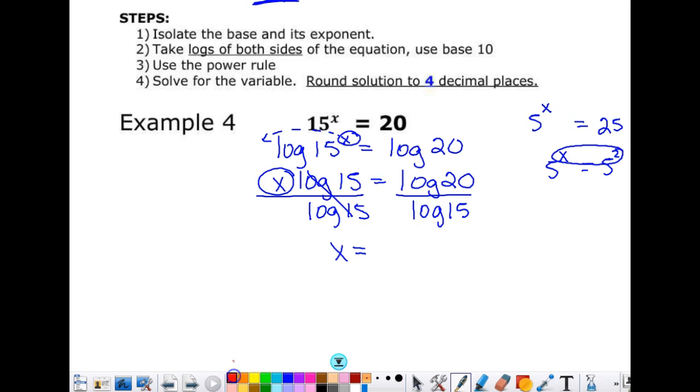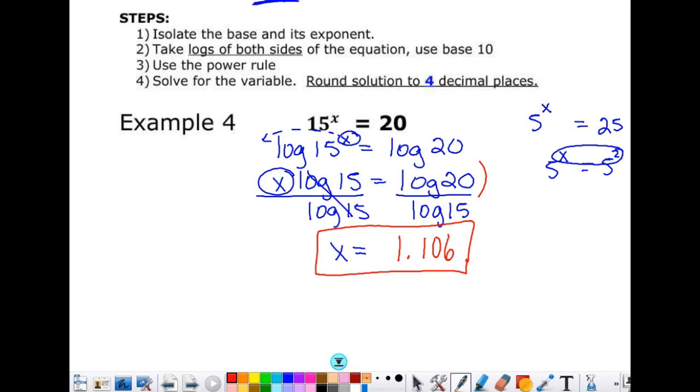But with your pencil, you need to go back and add that parentheses so that you'll remember to type it in on the calculator. So now x is going to be whatever log of 20 divided by (log of 15) is. So what is it? 1.106. Any questions on that?